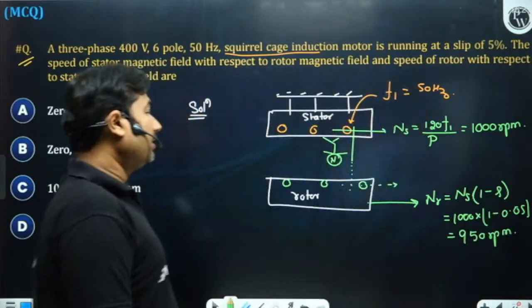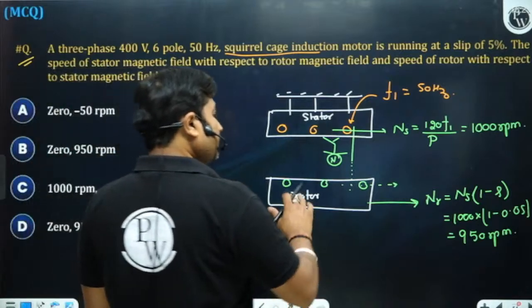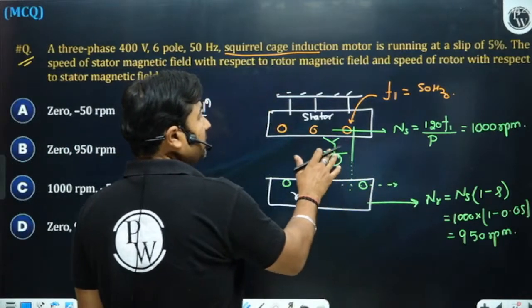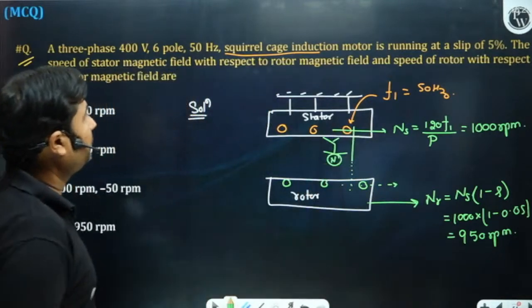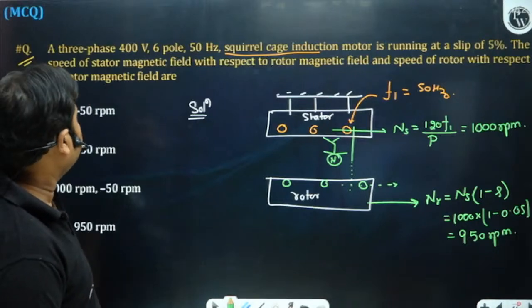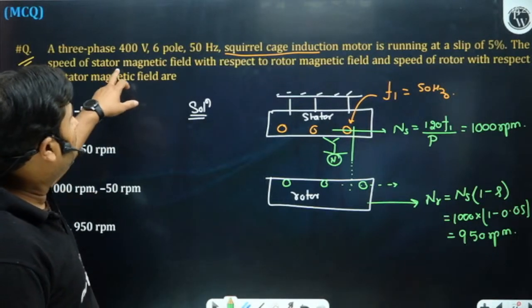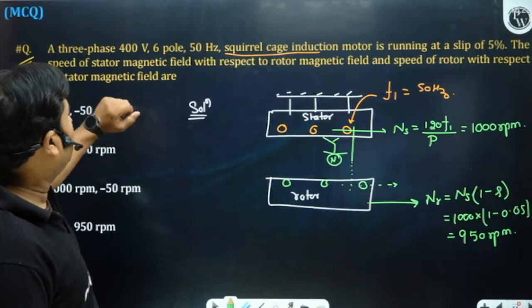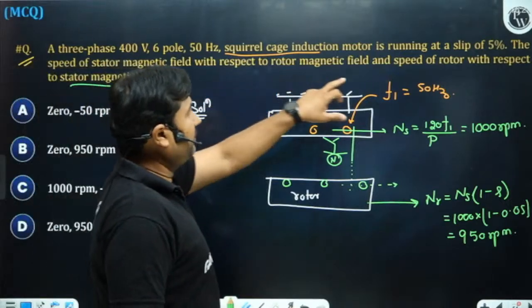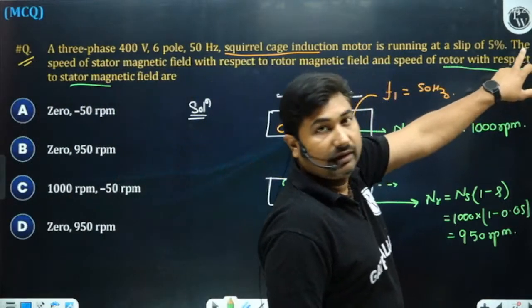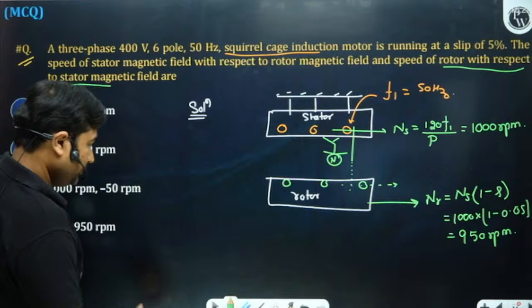So now rotor is rotating at a speed of 950 RPM and stator field is rotating at a speed of 1000 RPM. We need to find speed of rotor with respect to stator magnetic field.